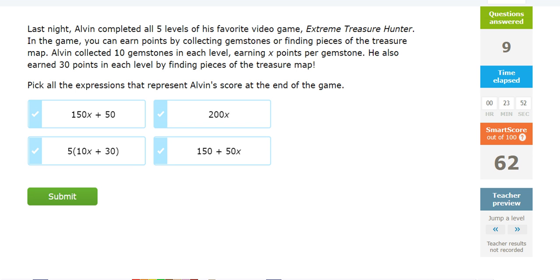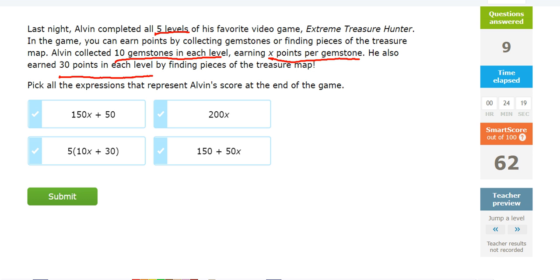So again, there are 5 levels, and you have 10 gemstones in each level, at X points per gemstone, so those are together. He also earned 30 points in each level for finding pieces of the treasure map.